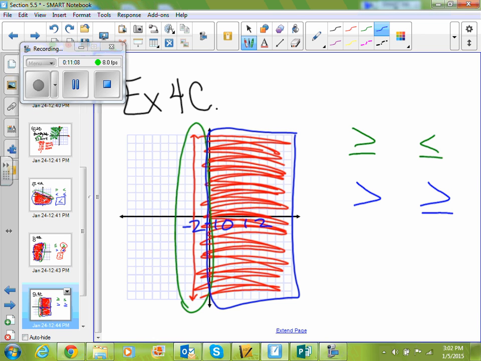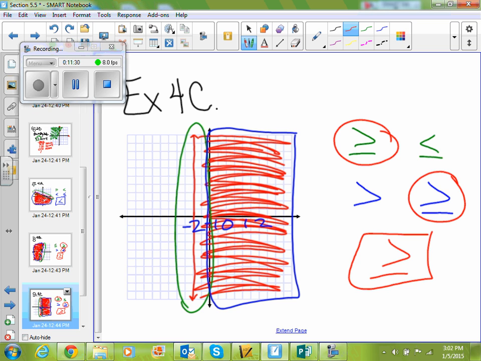And since they all get bigger, we're shading above. That's greater than. Okay, that's how Fawn got greater than. So, which symbol matches then in both sets? Greater than or equal to. Those two symbols, right? Those are the two that match. So I know that my inequality symbol is greater than or equal to.